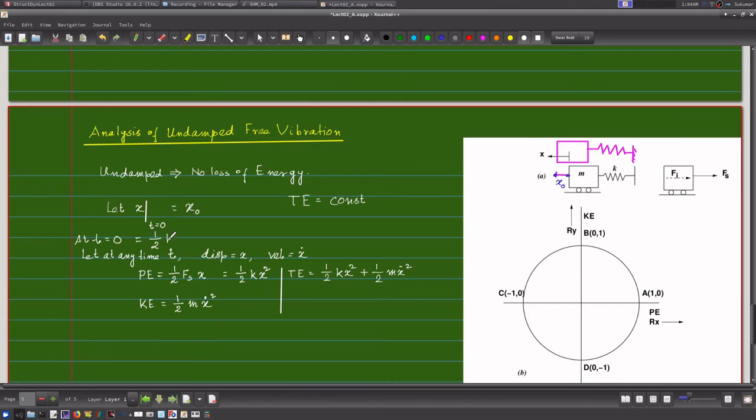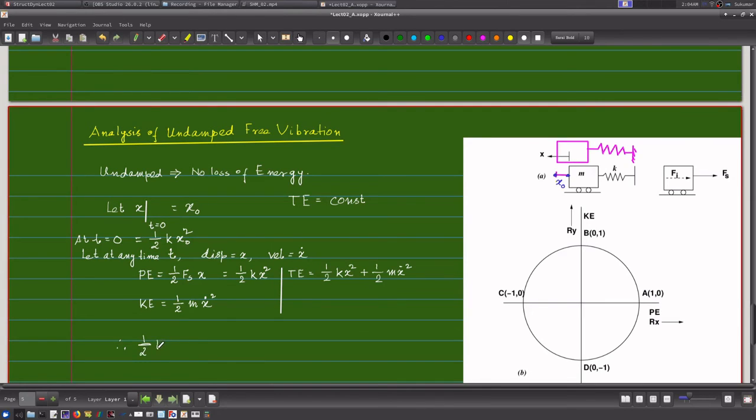So that will be equal to half times k into x naught square, right? And this energy must be the same as the total energy at any instant, because my total energy is remaining constant. Therefore, based on this consideration, I can write that the energy at time t must be equal to the energy at time t equal to 0.